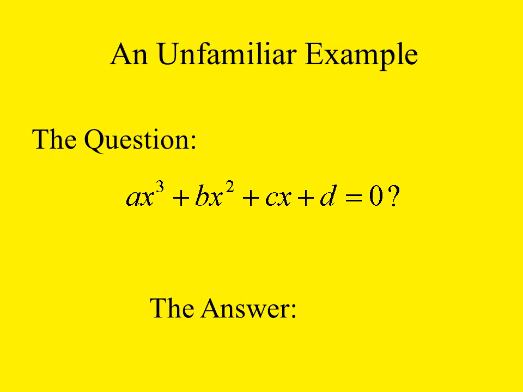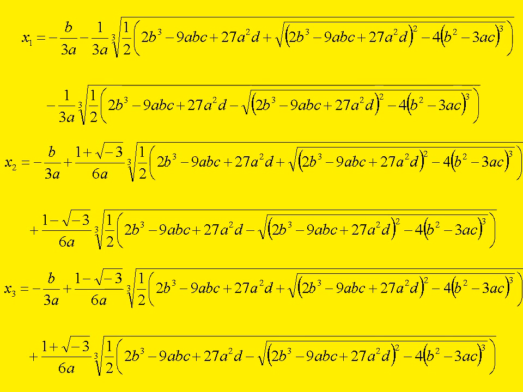Again, the values of x must be expressed in terms of the coefficients a, b, c, and d by using the algebraic operations. The reason you probably have not seen this in the past is that it is actually rather impractical and complicated. Here are the solutions. Notice that x2 and x3 involve square roots of negatives.